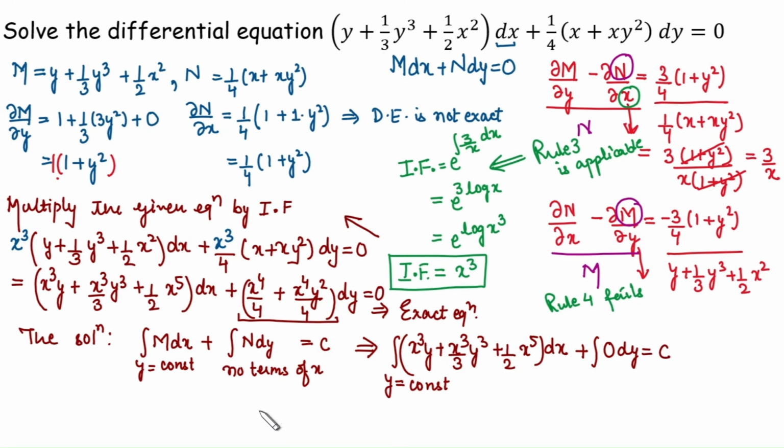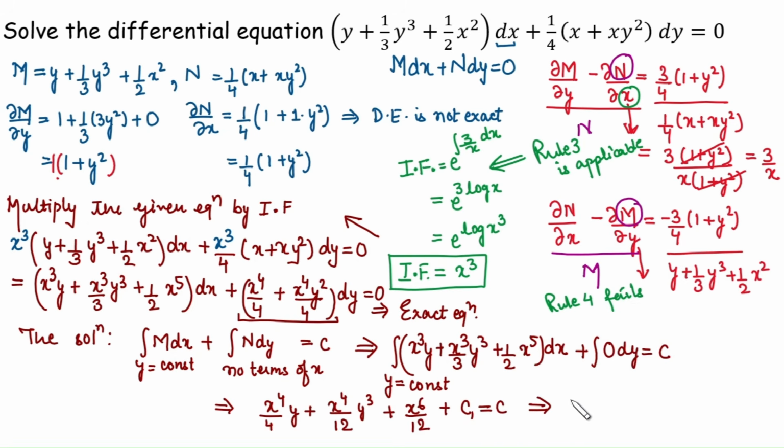Now calculate the integration. This is equal to x raised to power 4 by 4 y plus x raised to power 4 by 4, that becomes 12, y cube plus x raised to power 6 by 6 into 2, that is again 12. Integration of 0 is a constant, that is c1, is equal to c.